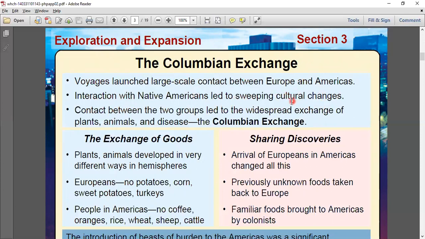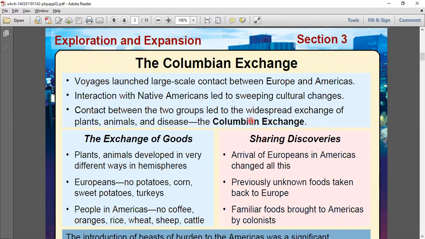People started to know about each other's customs and traditions and so on. Contact between two groups, like the Americans and Europeans, led to the widespread exchange, like a wide or great or large exchange, of plants, animals, and diseases. We're going to discuss this in detail later. All of this kind of exchange was called what? It was called the Columbian Exchange.